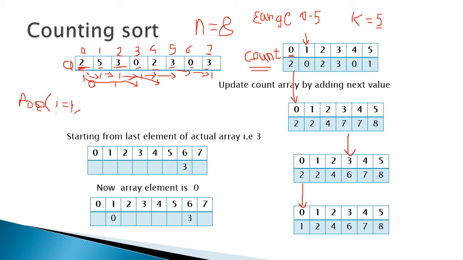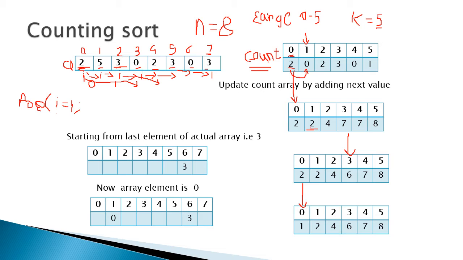On index 0 and 1 the values are 2 and 0, and after that 2 plus 0, that is 2. The updated value is 2.